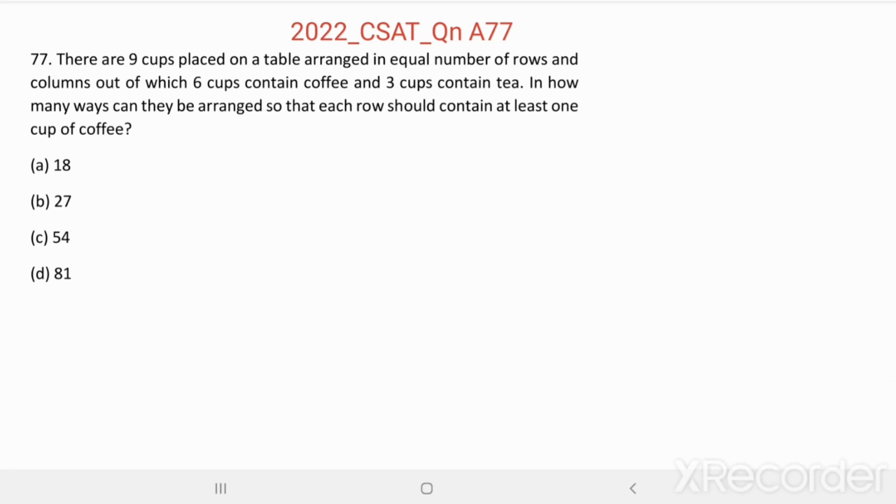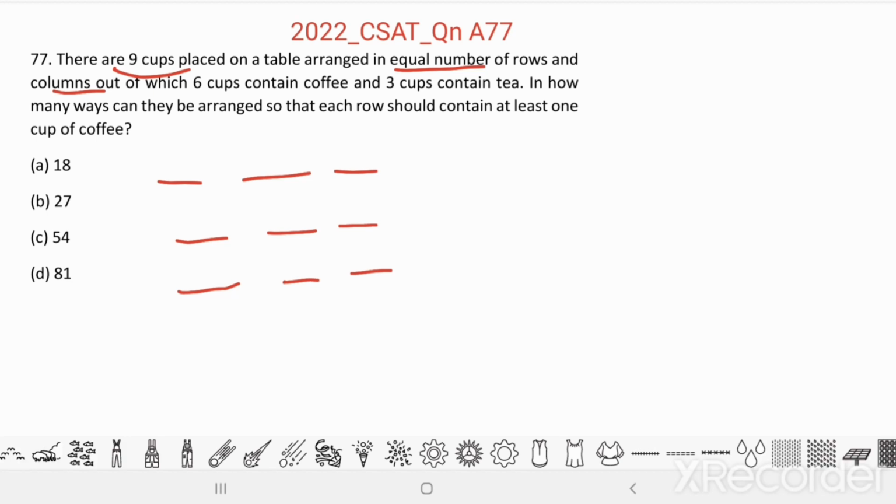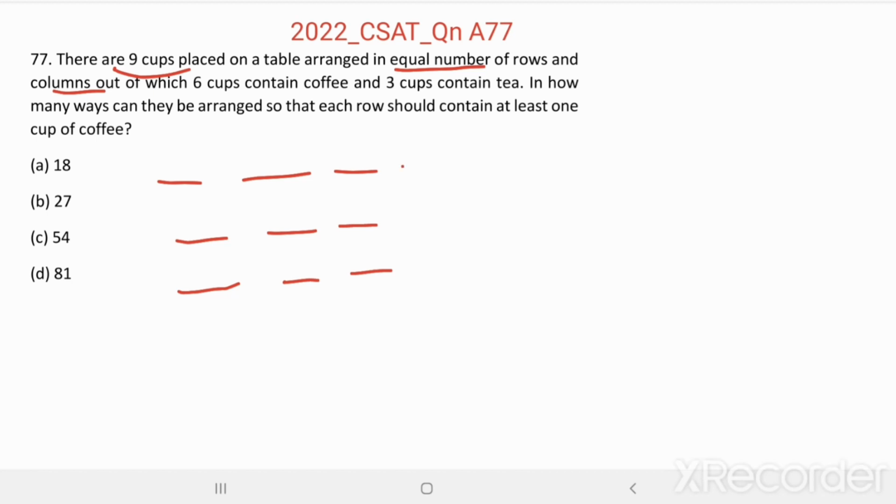There are 9 cups, 1, 2, 3, 4, 5, 6, 7, 8, 9. Equal number of rows and columns means each row contains 3 cups. This is R1, this is R2, this is R3.